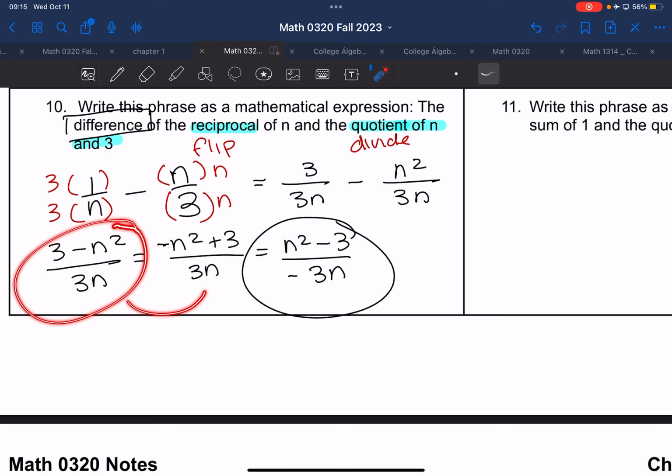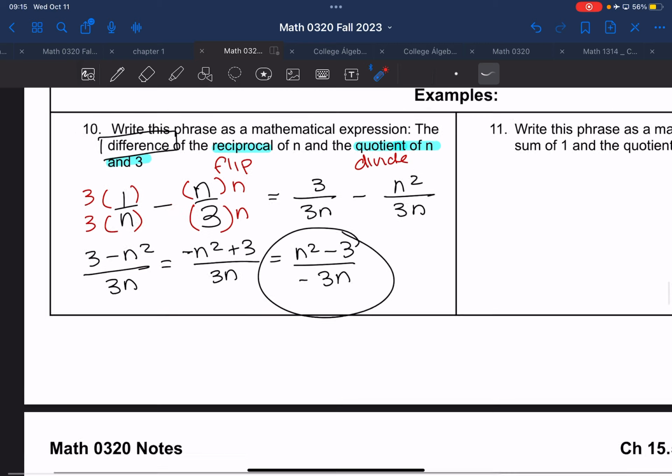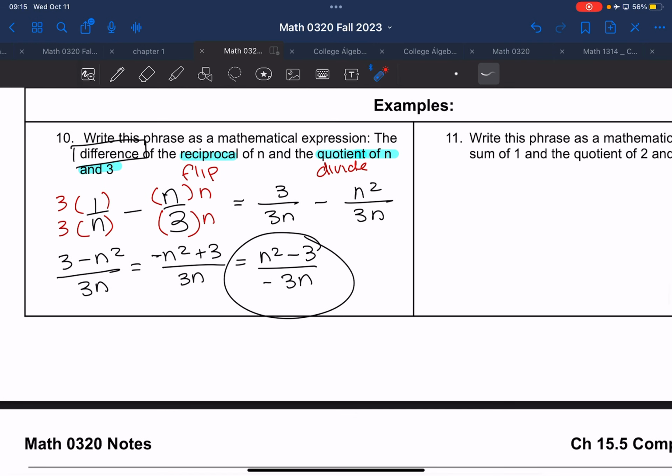This was me checking to see, what if I put it in the correct format, would I be able to factor? So I would still do that in your head. If you see that it's not factorable, then this is your answer, and I wouldn't expect to see these other two steps. Okay. Any questions on 10?